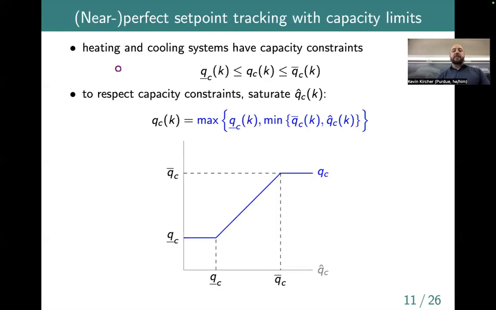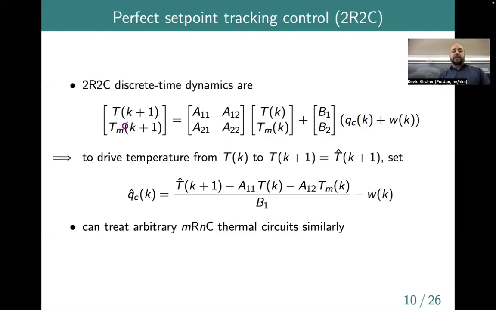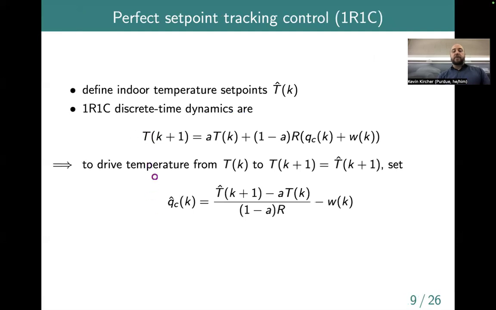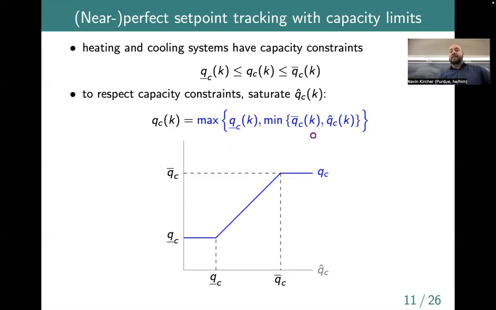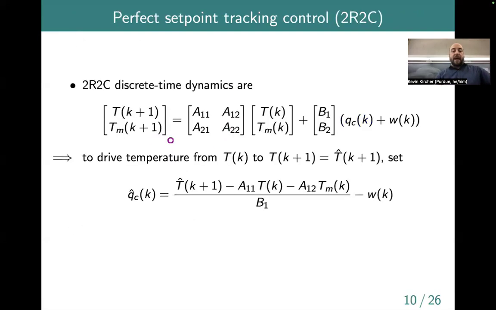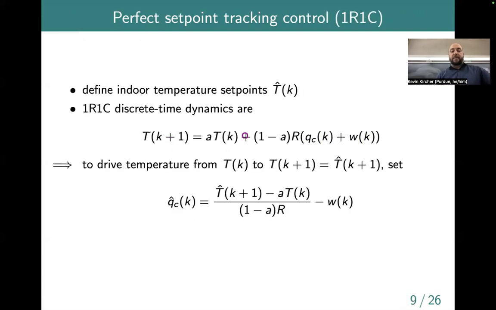So the basic approach to simulating this near perfect set point tracking that includes saturation would be first use, say, this equation from the 1R1C or the 2R2C version, calculate the desired or theoretical amount of heat or cooling that would be needed, and then run it through the saturation curve to clip it above or below into the appropriate range, and then take that and go back into the true dynamic equation here.